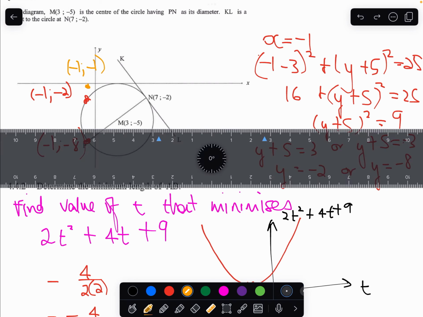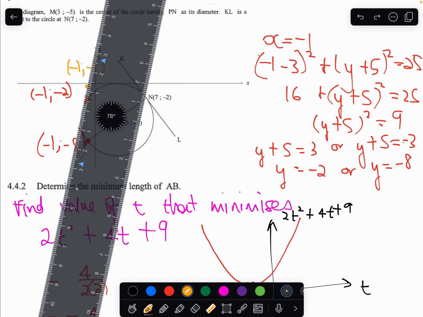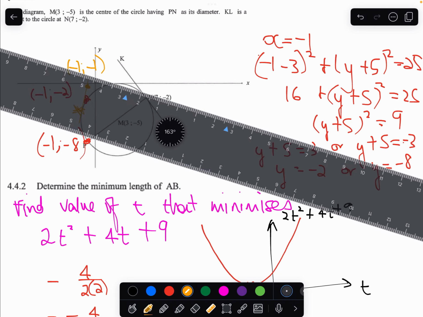Can I get this any thinner? I mean, I guess technically it could also be a tangent this way.